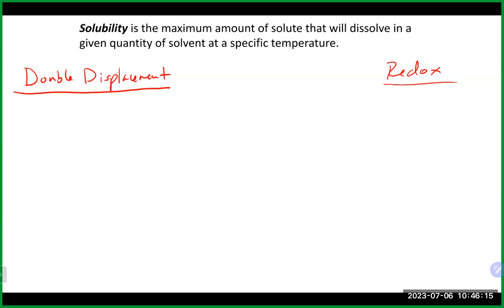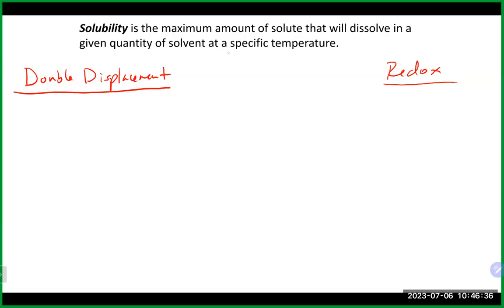And there are more specific ways to classify reactions that fall underneath each of those categories. So things like synthesis, combination, precipitation reactions, acid-base reactions, they fall under these umbrellas, but pretty much all reactions can be classified as one of these two types of reactions.